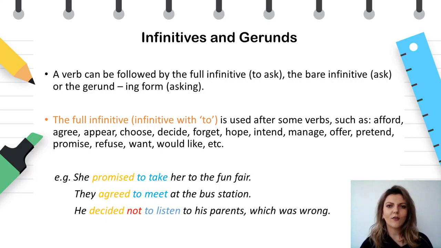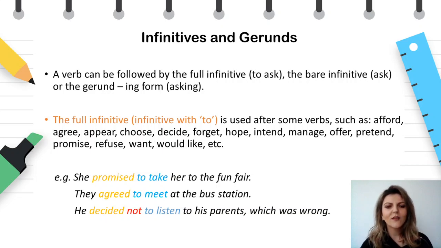It is used after some verbs such as afford, agree, appear, choose, decide, forget, hope, intend, manage, offer, pretend, promise, refuse, want, would like, etc. This means that whenever we want to use any of the verbs given in this group, the following verbs will be with the to infinitive. Let's take a look at the examples.